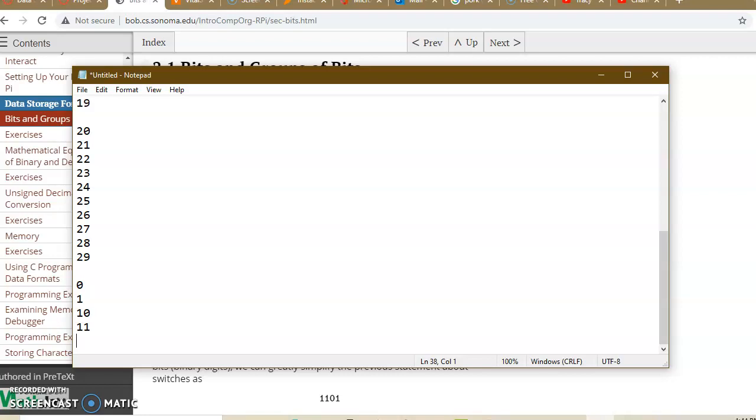And since we only have 1s and 0s, we can't put a 2 anywhere. So what we do instead is put the 1 way out here. And we start all over again. Now we can say 101, 110, and 111.